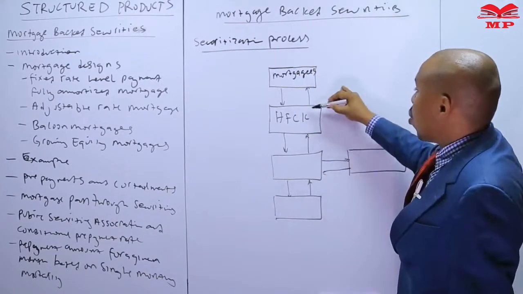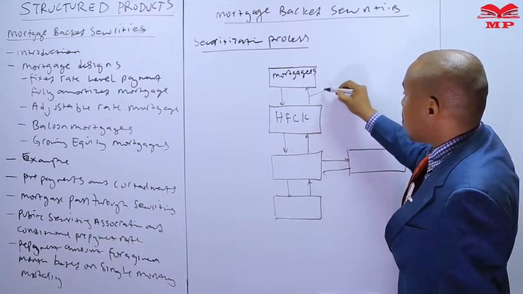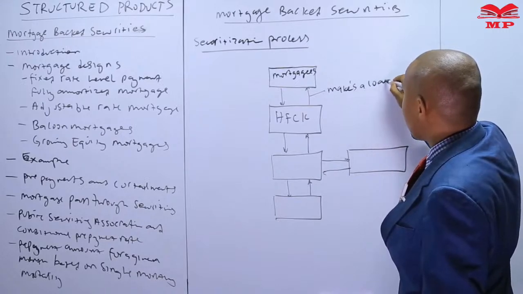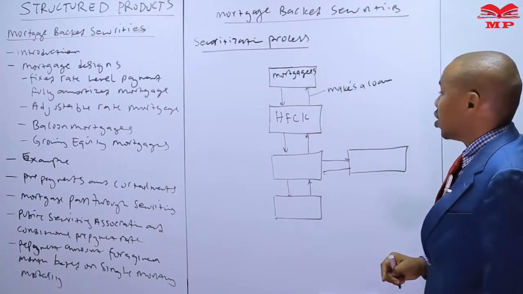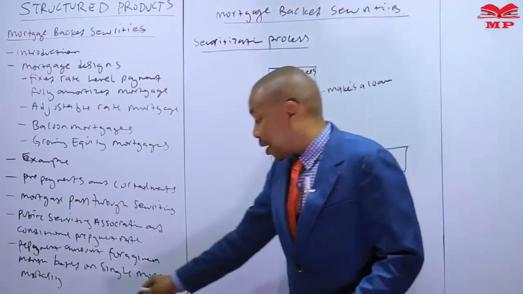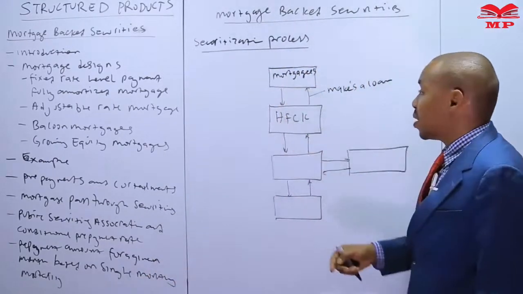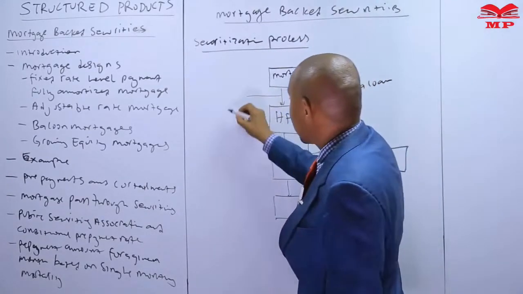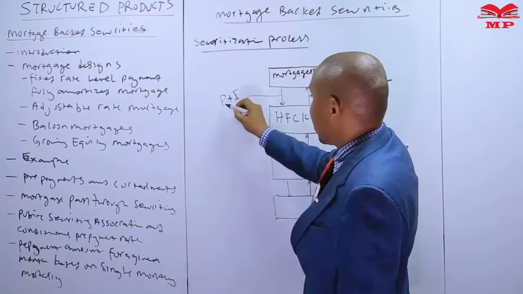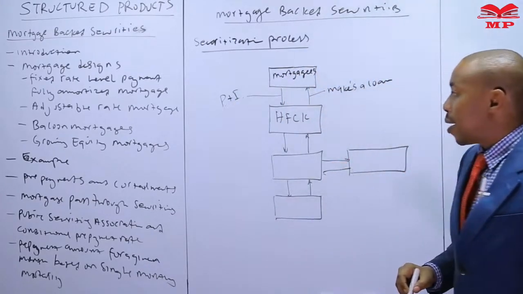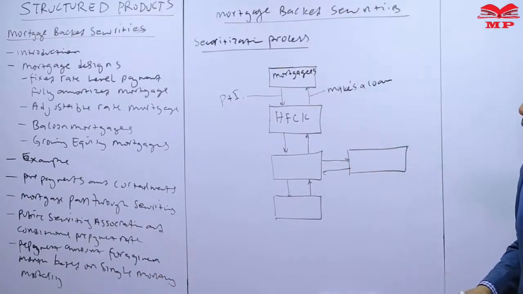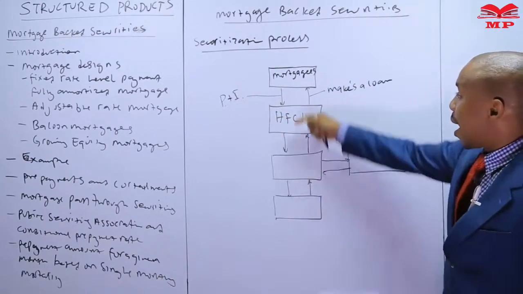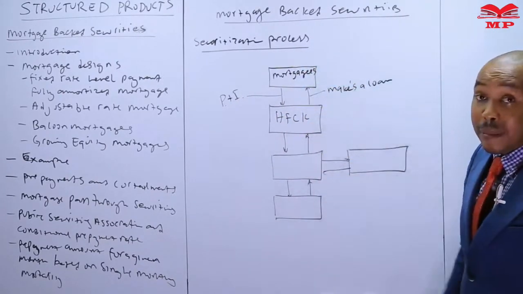HFCK makes a loan to the mortgagees, and the mortgagees are expected to make principal and interest payments every month over the life of the mortgage. This is the principal component and this is the interest component, expected every month to be received by HFCK.